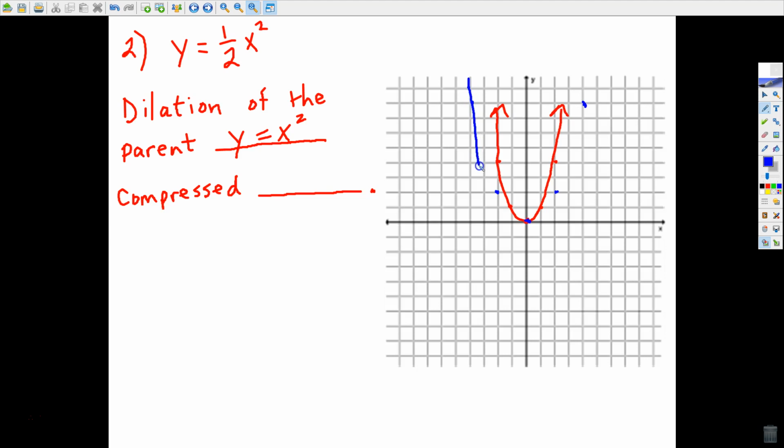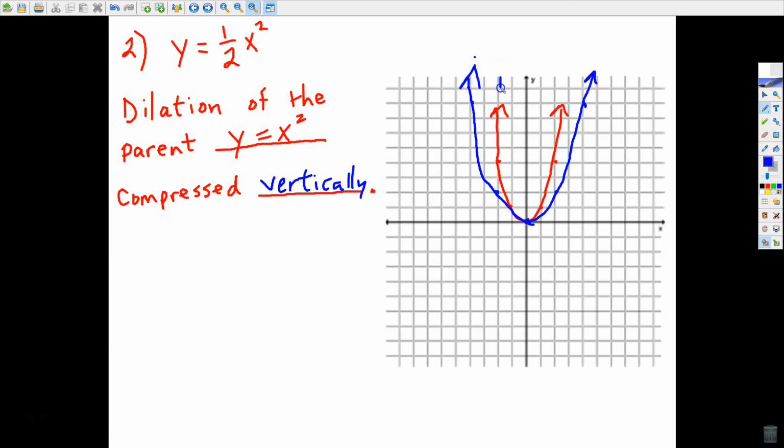And you can see the effect when the number that we're multiplying by is a fraction between 0 and 1. In the previous example, it was a number greater than 1. So this is not vertical stretch, it's just the opposite. This is called vertical compression. Or to stay in context with my slide, I'm going to say that this is the parent compressed vertically. And that's just another way of saying it's getting fatter.